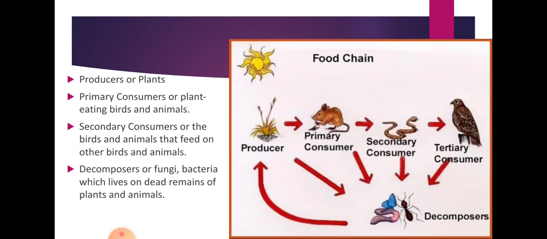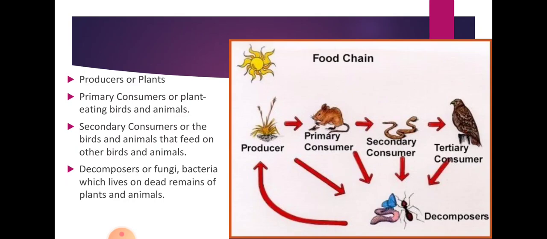So decomposers are very helpful for converting the biotic component into the abiotic component, because when the minerals get mixed with the soil or the air gets released in the atmosphere, they are converted into abiotic components. So this is the food chain that you have to understand.